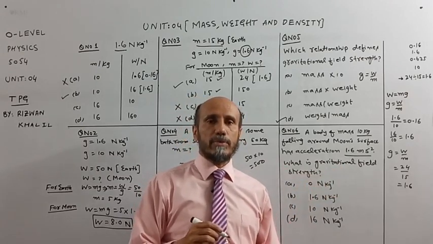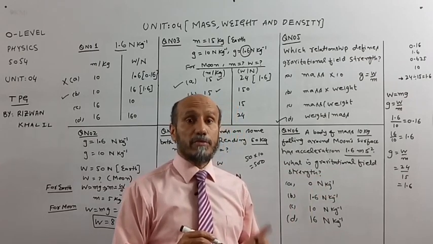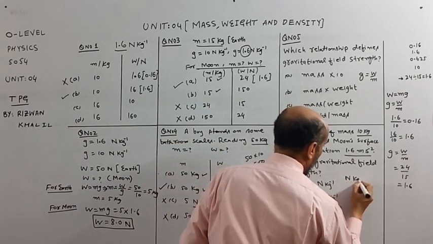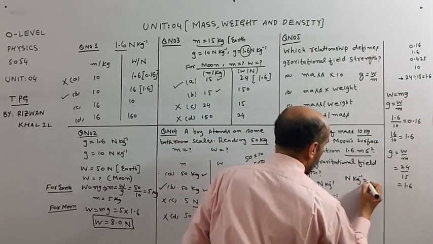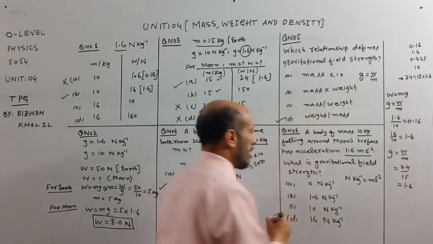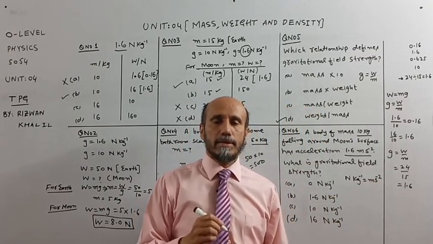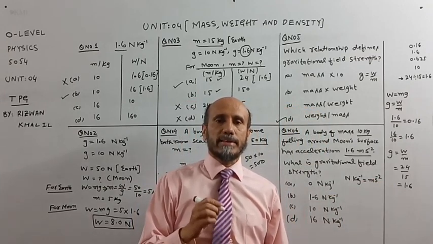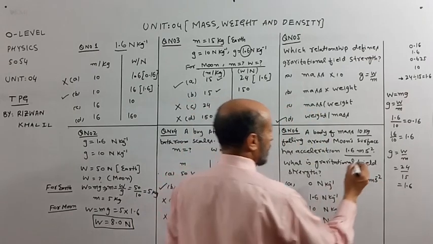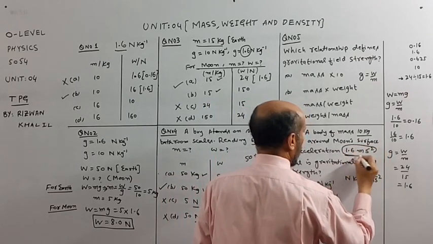In the beginning, when I was explaining the topic of gravitational field strength, I told you that Newton per kg is equal to meters per second square. In other words, the value of gravitational field strength at any point is equal to the value of its gravitational acceleration. So what was the value of gravitational acceleration? 1.6 meter per second square.